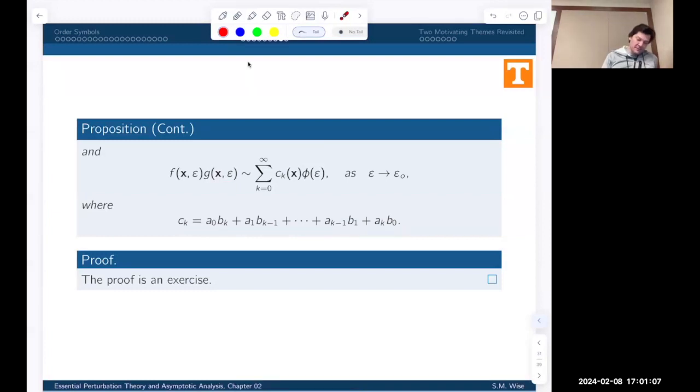Where this comes from is if you take power series and multiply them together, you get a similar sort of thing. The nice thing here is that usually when you multiply power series in the traditional sense, you have to have a lot of assumptions in order to be able to do it. For example, you have to assume that the series are absolutely convergent.